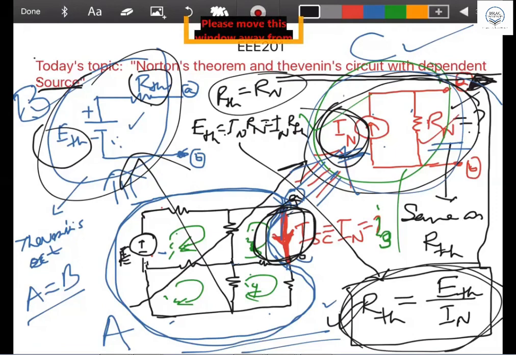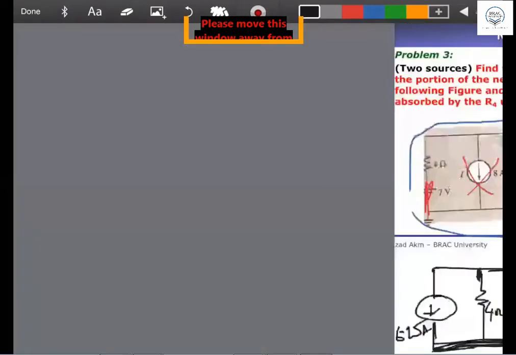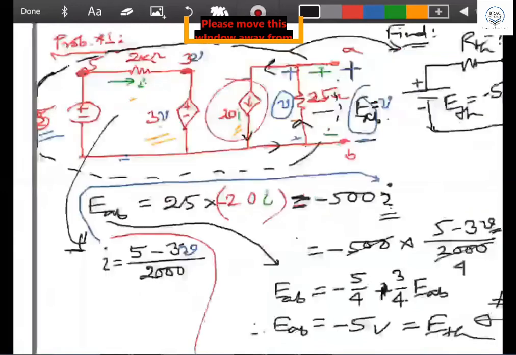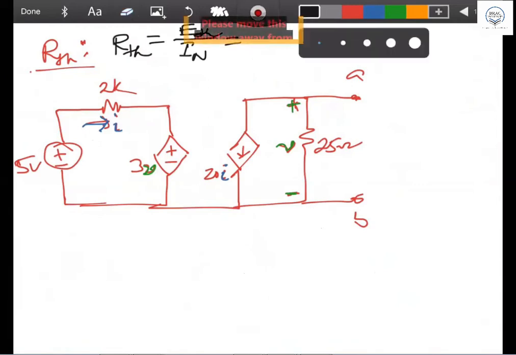The equation is R Thevenin equals E Thevenin divided by I Norton. That is what we are going to use. Now look at it. What is the E Thevenin? Already known. E Thevenin equal to what?